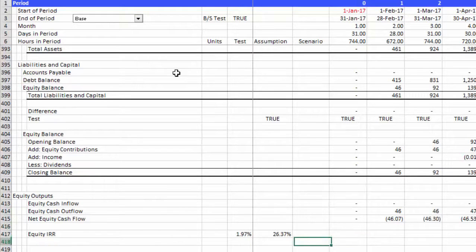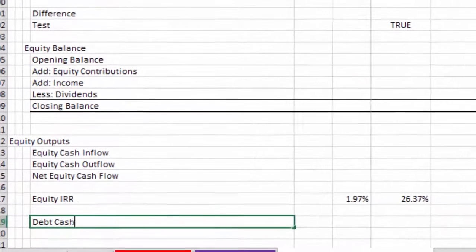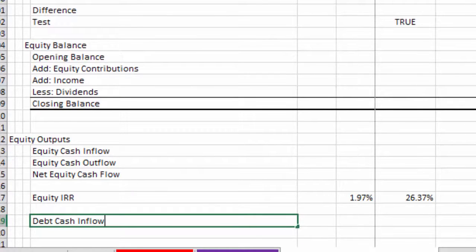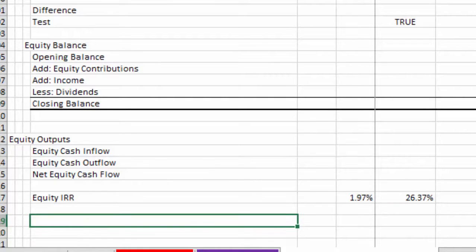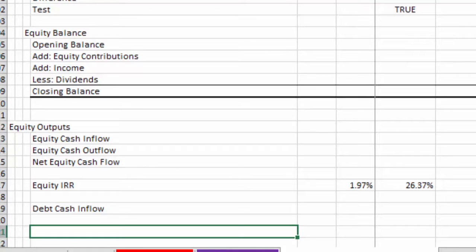We could also put debt cash inflow and debt cash outflow, but I'm not going to do that right now. I'll do that outside the video.